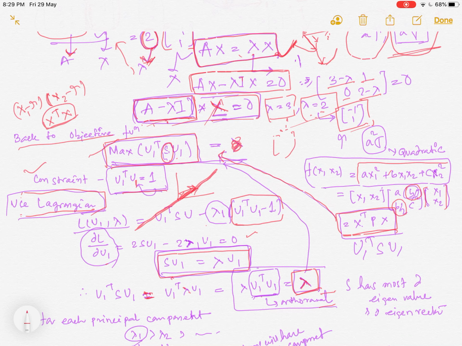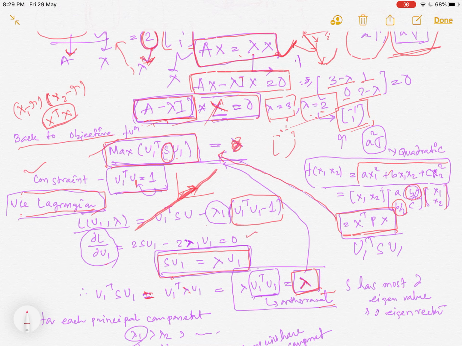Noise cannot be at lambda 1, it will always be at the back end, and we can get rid of this noise, pick only those lambdas which give us the maximum variance information, and project that information back to the original space.